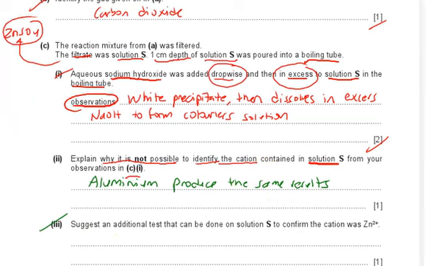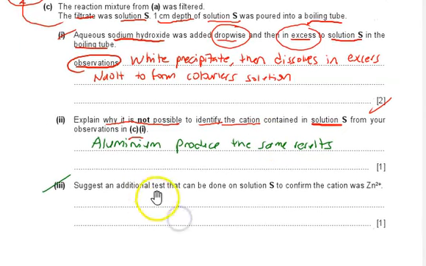Now number 3. Suggest an additional test that can be done on solution S to confirm the cation was zinc 2 positive, the zinc ion. So the only solution here is to add excess ammonia solution. Why excess ammonia?